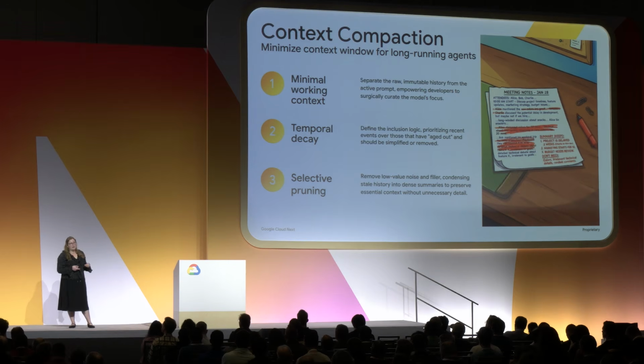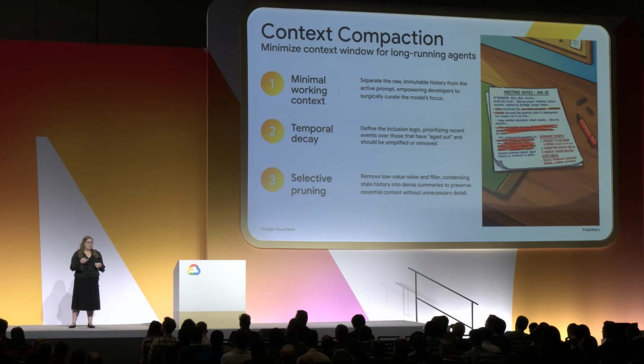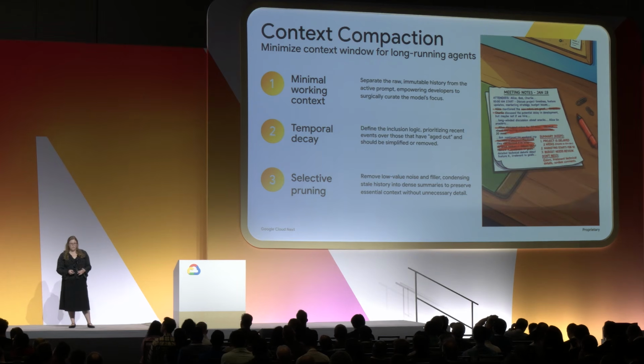You can use strategies with ADK to dynamically summarize the information, or you can use memories to extract meaningful information from the content to then inject into your context window. So then you're getting the best of both worlds. You're throwing out all of that verbose extra context that you don't really need while still maintaining what's meaningful.